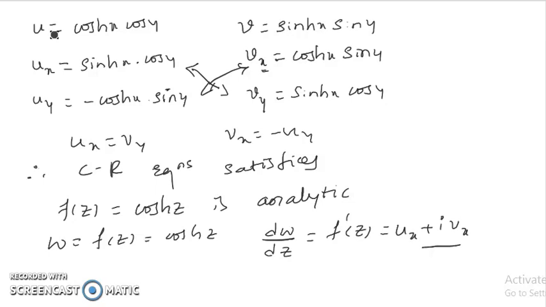This is from equation 2 of the CR equations, while we were discussing the CR equations. So we know already, f'(z) is equal to u_x plus i v_x. We know u_x from this, and v_x also we know from this, so those things we are going to substitute here.